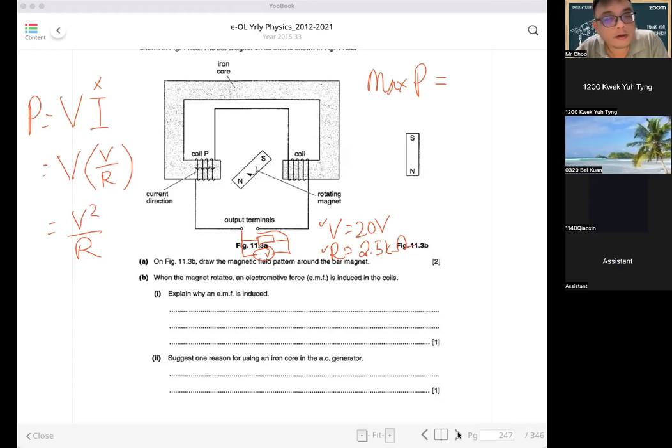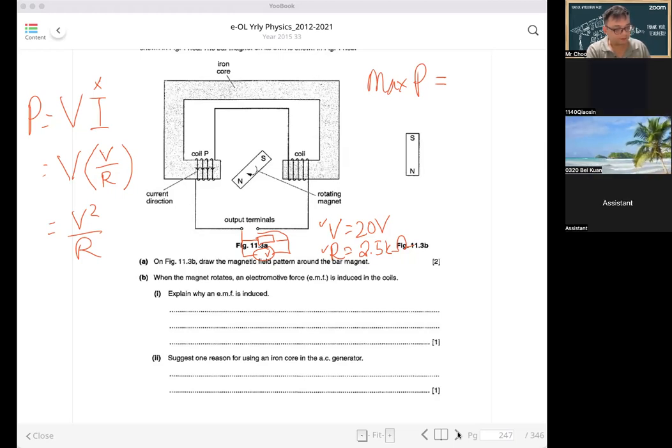Pei Kuan, can you calculate the answer? What's the maximum power you can get from this? Pei Kuan, power is not in joule.